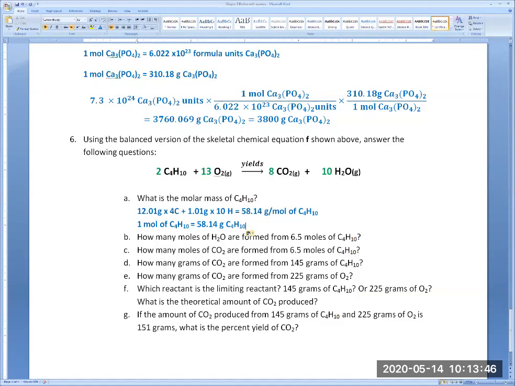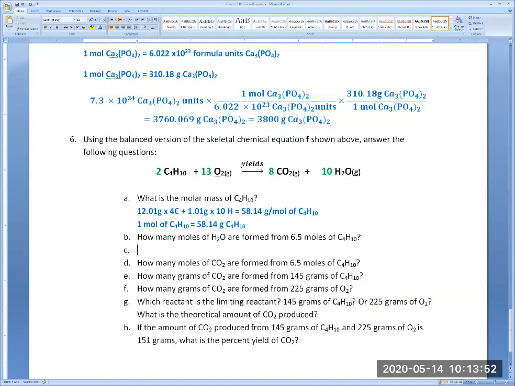So how many moles of water are formed from 6.5 moles of C4H10? And so when a problem is asking you for moles of another substance from a different substance, you have to have a chemical equation with it, right? Otherwise, there's no way you can do that.